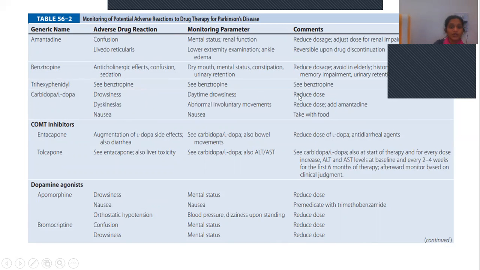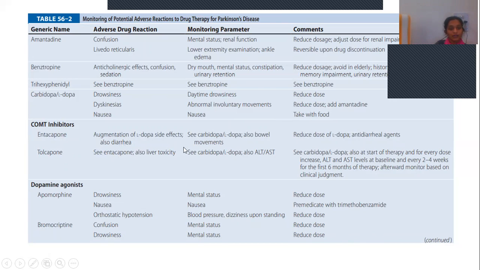If he says so, we have to reduce the dose. And for dyskinesias, abnormal involuntary movements, we have to reduce the dose and add amantadine. Nausea: if the patient is complaining of nausea after taking it on an empty stomach, then it is better to give it along with food.